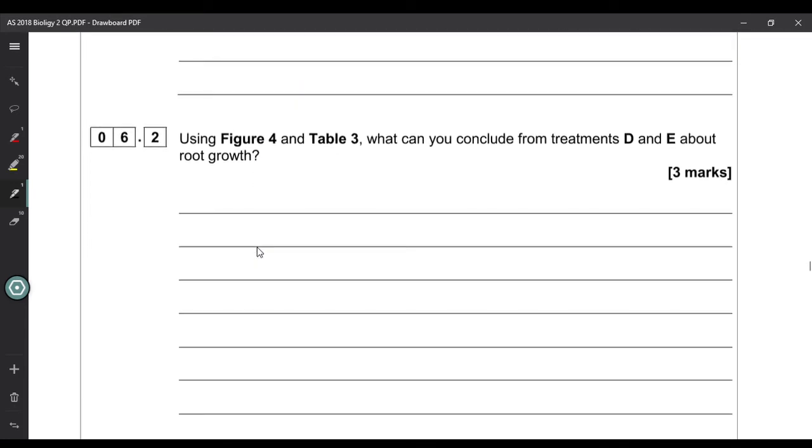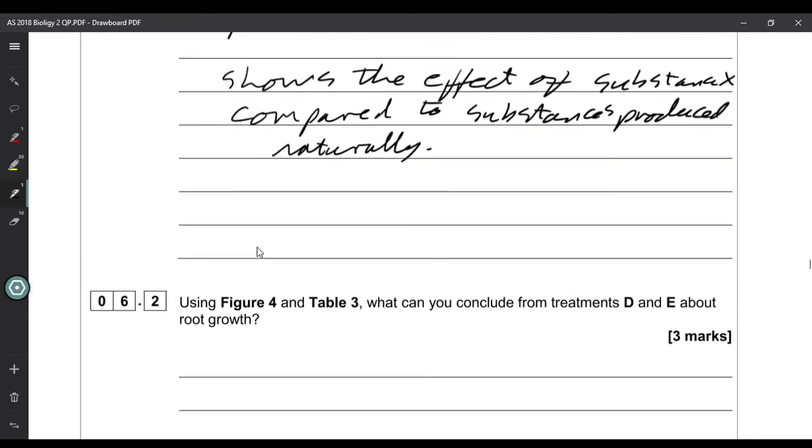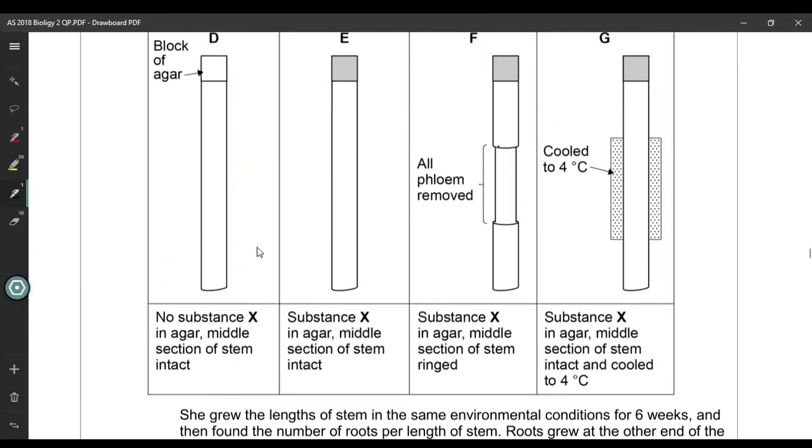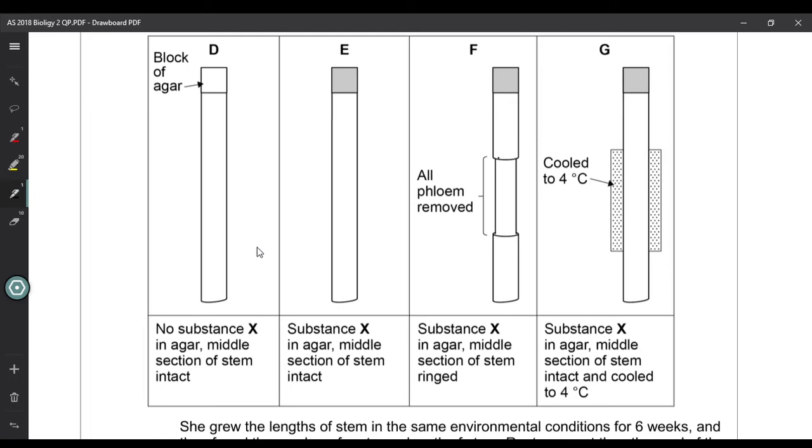Part 2 says using figure 4 and table 3, what can you conclude about treatments D and E about root growth? So if we look at treatments D and E, D we've already discussed, that it's got the agar but no substance X. Treatment E is where we have substance X in the block of agar and we've got a full stem, and there's been no other things applied to the stem.